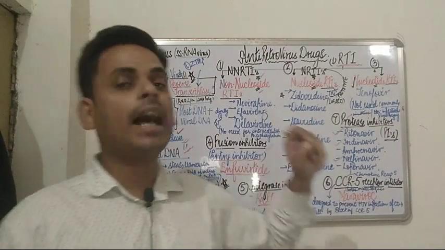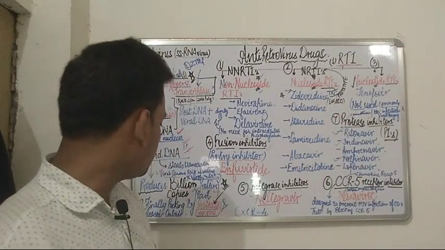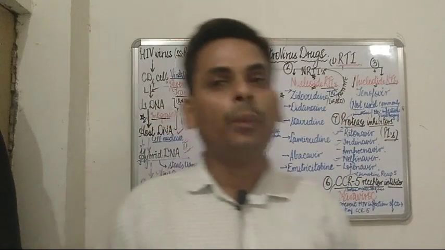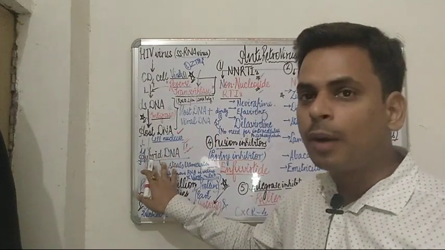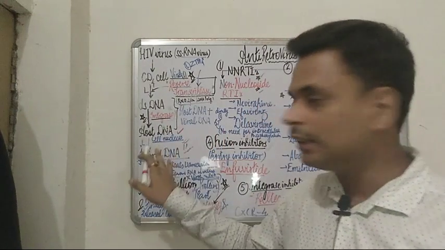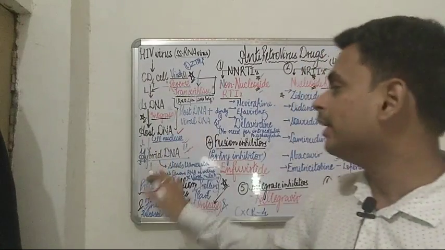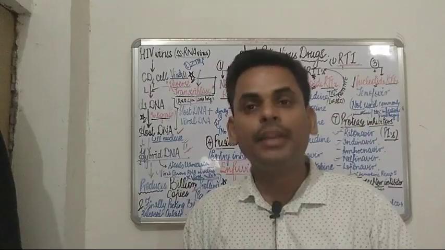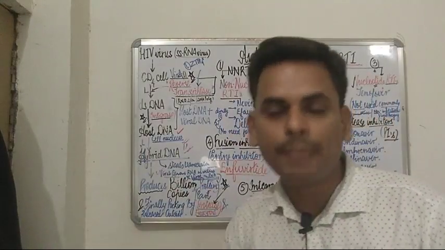Moving on to the last class of drugs, that is the protease inhibitors. So students, as I've already told you, after the hybrid DNA is formed in the host cell nucleus, this hybrid DNA is going to start transcribing the viral genomic RNA and the viral mRNA.